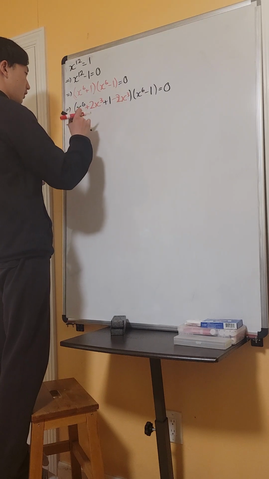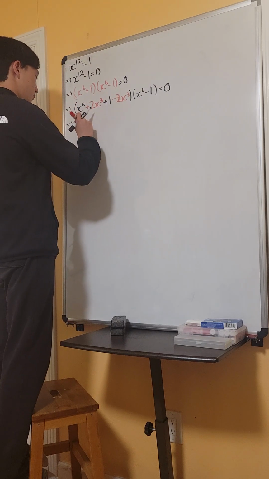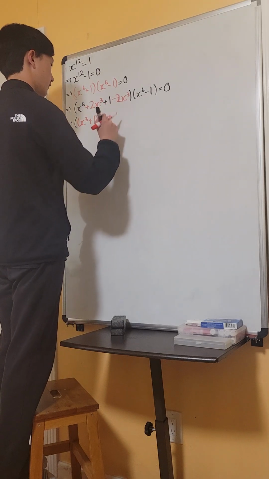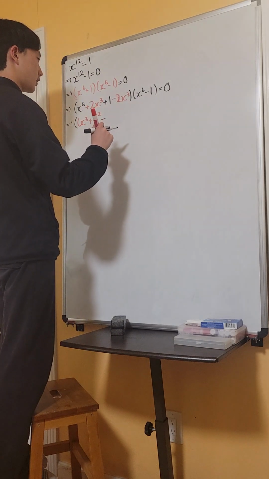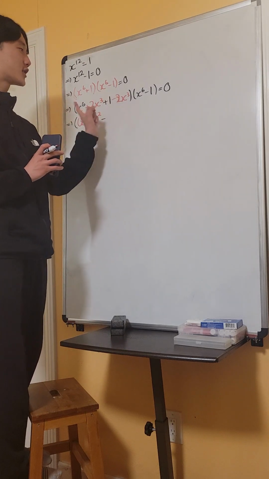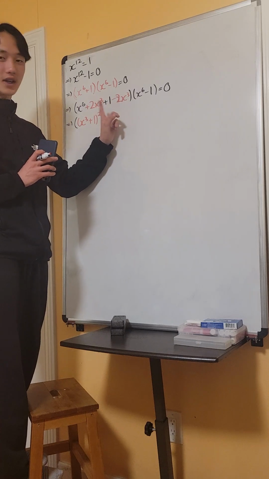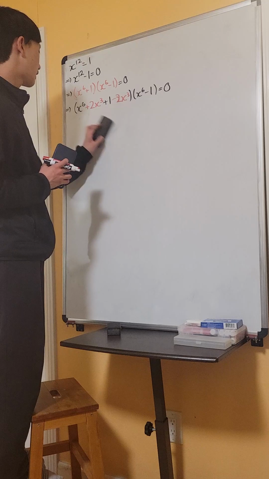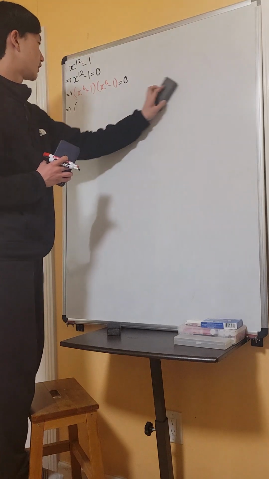So what is this? x cubed plus 1 squared. And then you have to subtract off... Sorry, actually, no, this wouldn't work, because you can't express this as a perfect square. My apologies. How else could you do this, then?